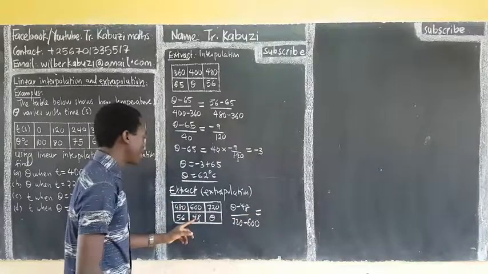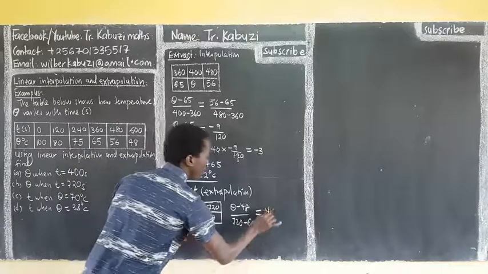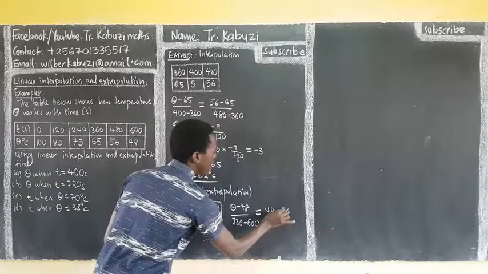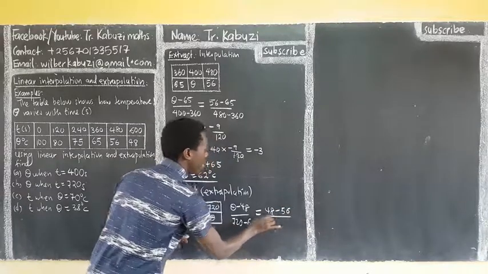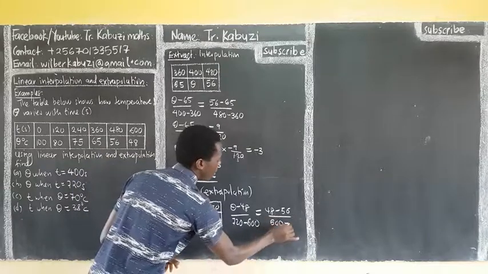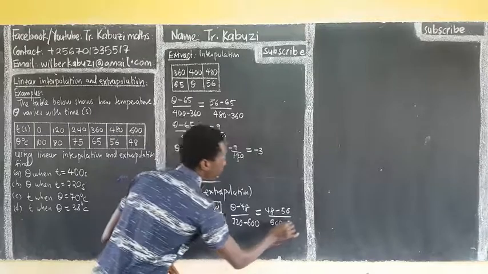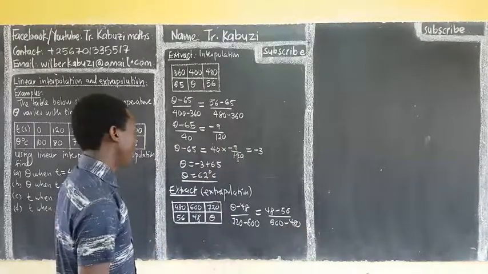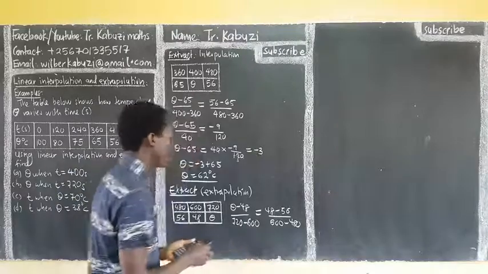So you say now, this minus this, 48 minus 56, in that order, so that they don't affect the gradient. Then this and this, 600 minus 480. So from there, you can directly give us the answer.